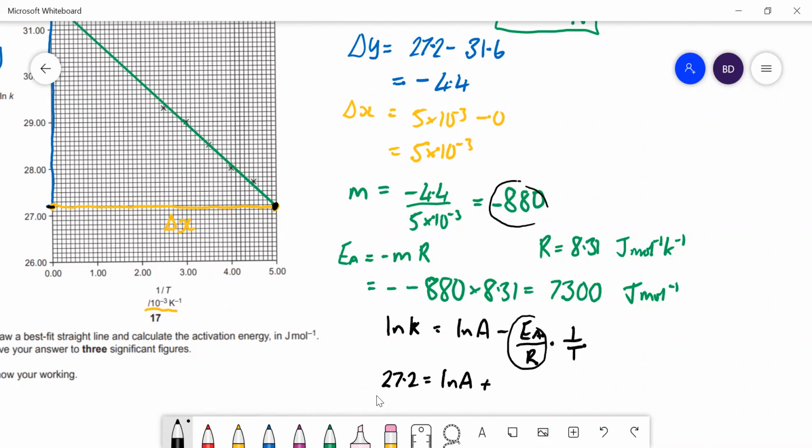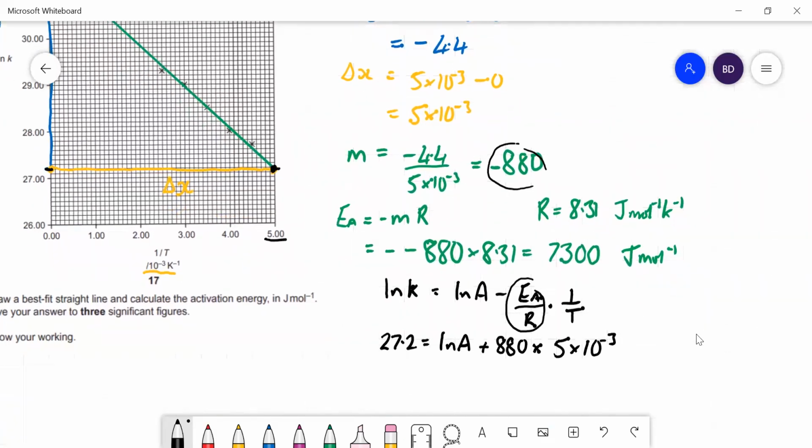So that's going to be plus 880, minus a minus, multiplied by 1 over T. Well, that's 5 times 10 to the minus 3. So solve that, just a bit of algebra. We get ln A, put those numbers in, is equal to 31.6.